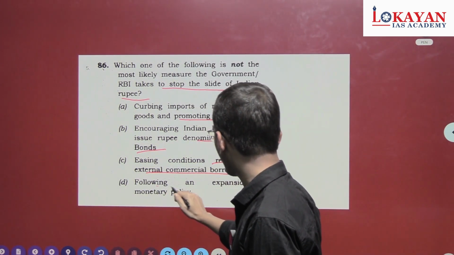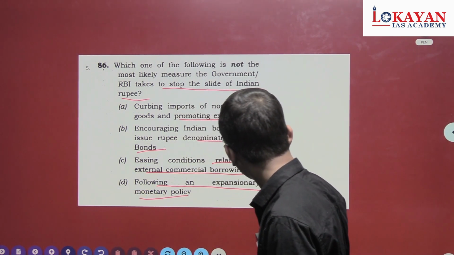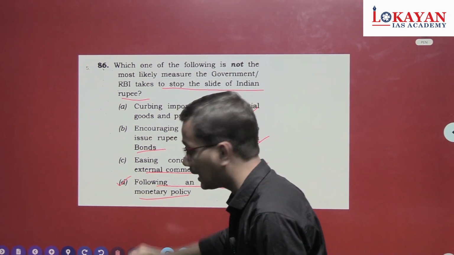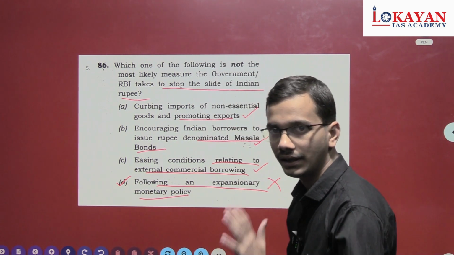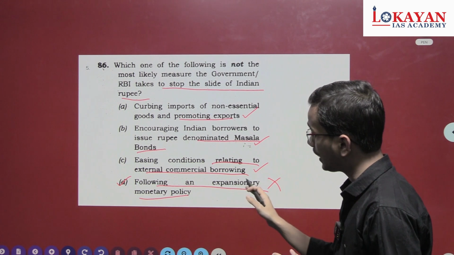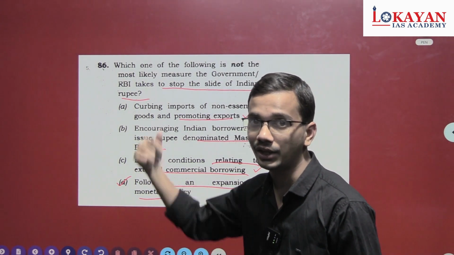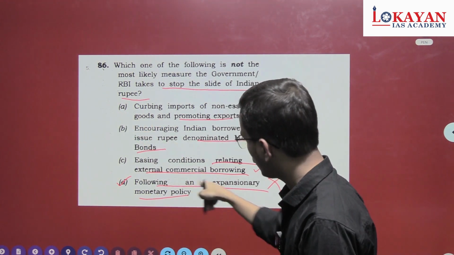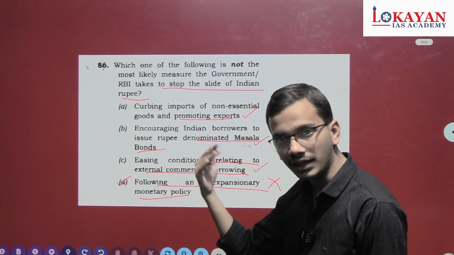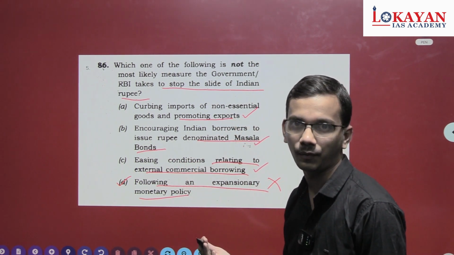So fourth option, following an expansionary monetary policy. This one is the wrong option. But let's understand why, because understanding the concept is important. See how many times this keyword is repeated. In 2020 we saw expansionary monetary policy implications. That's why I explained in our previous slides contractionary and expansionary monetary policy.